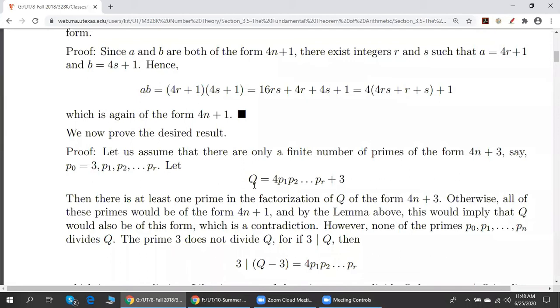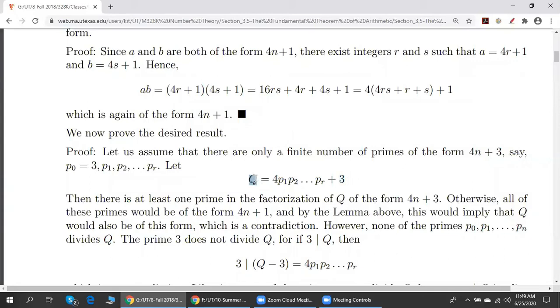Note that any factor of Q cannot be of the form 4n or 4n plus 2 because both 4n and 4n plus 2 are even numbers. But Q is odd because it is equal to even number plus odd number, and an even number plus an odd number is an odd number.